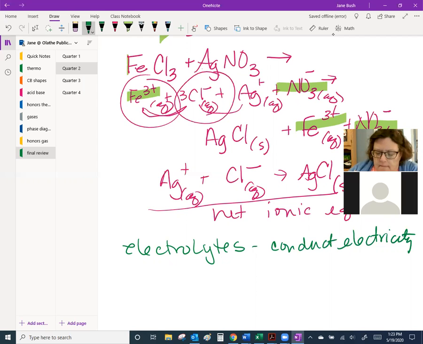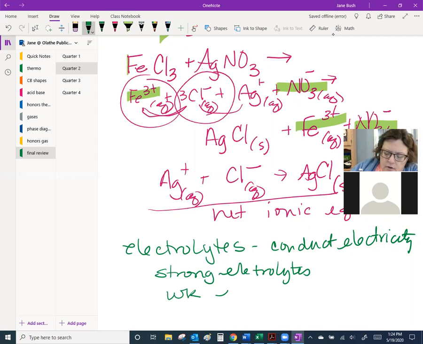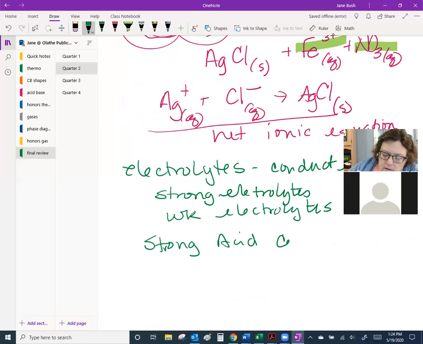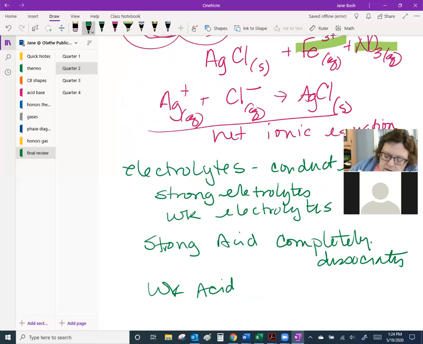Now, we have such a thing as strong electrolytes and weak electrolytes. And those we covered when we talked about acids right before Thanksgiving. A strong acid dissociates completely, and a weak acid does not.